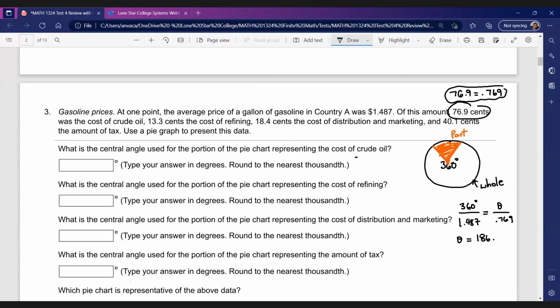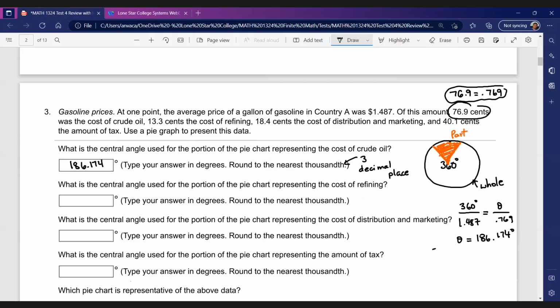To the nearest thousandth, so that means 3 decimal places. We have 186.174. Therefore, the central angle that represents the crude oil is 186.174.